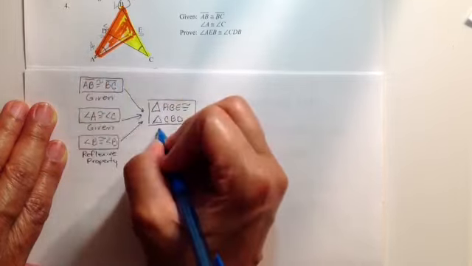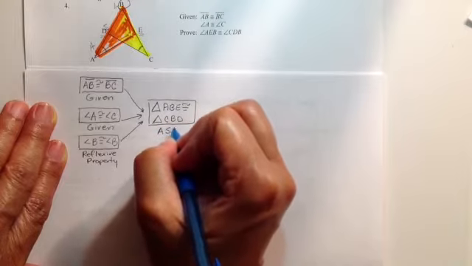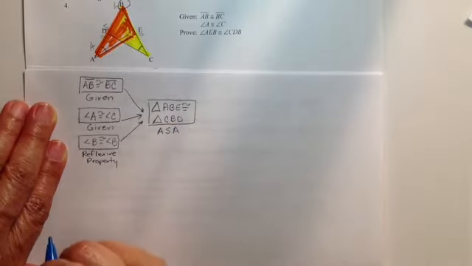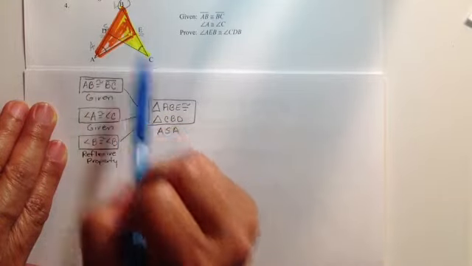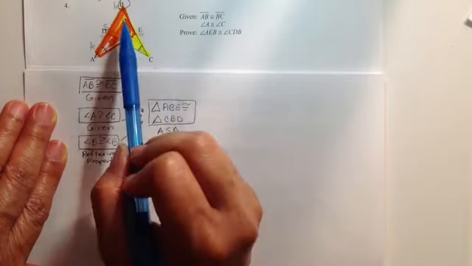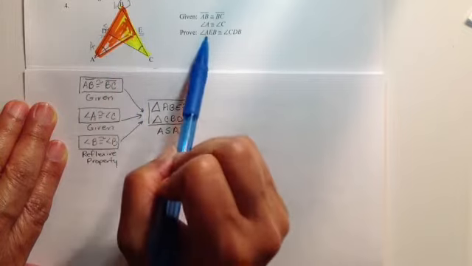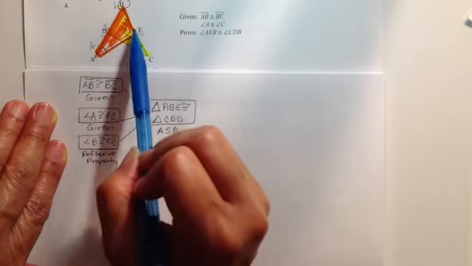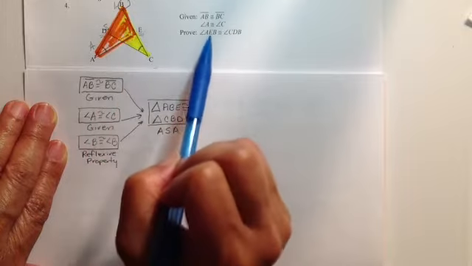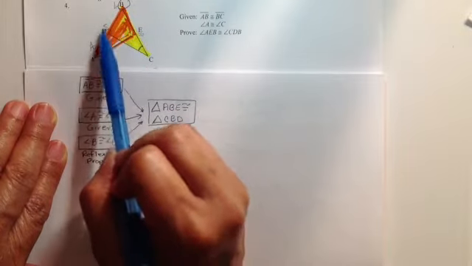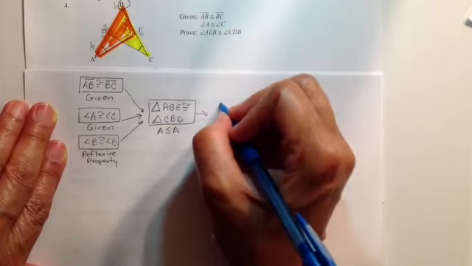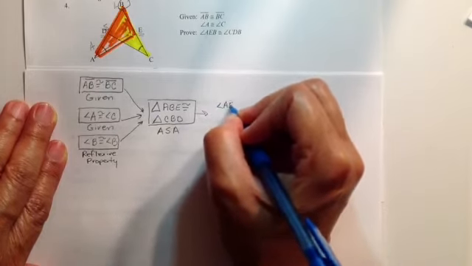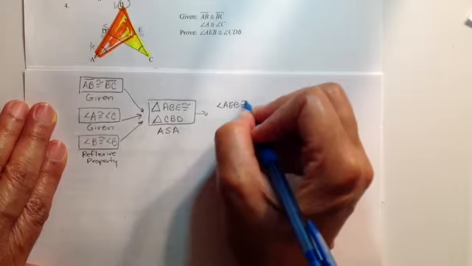Because of angle, side, angle. So I've demonstrated that the two triangles are congruent. So now I can move on to say that angle AEB must be congruent to angle CDB using good old CPCTC.